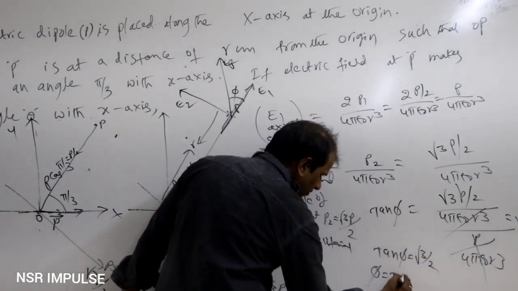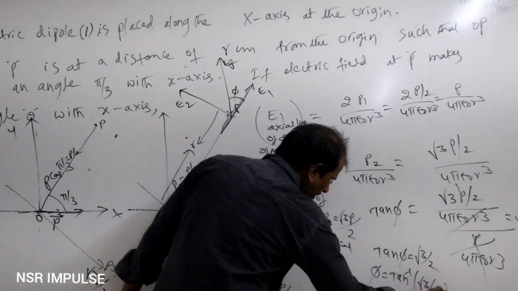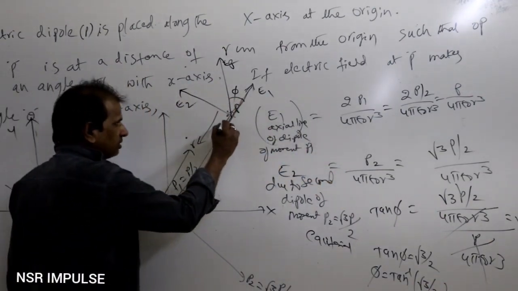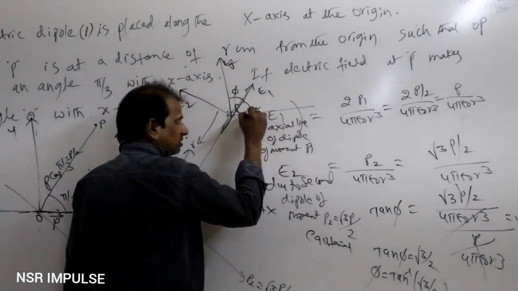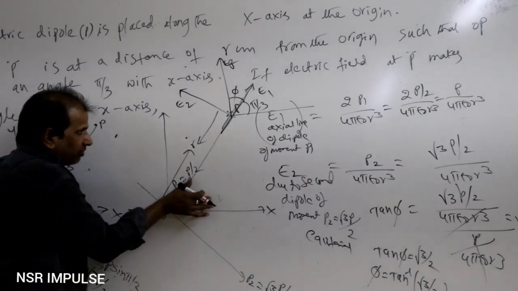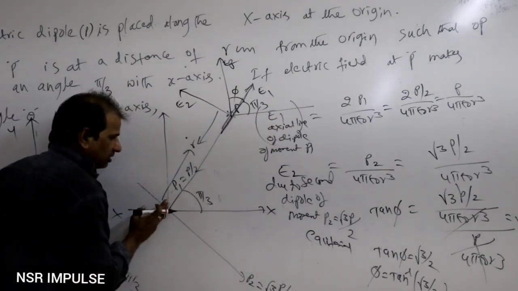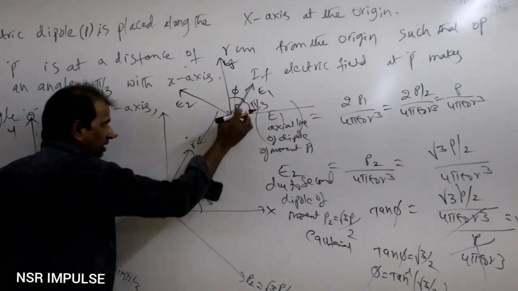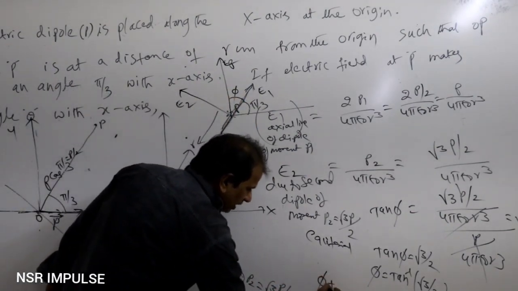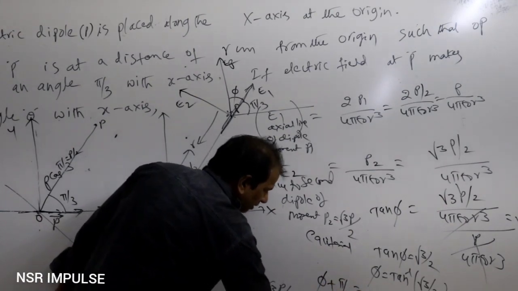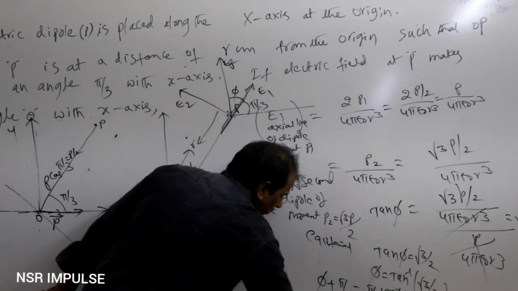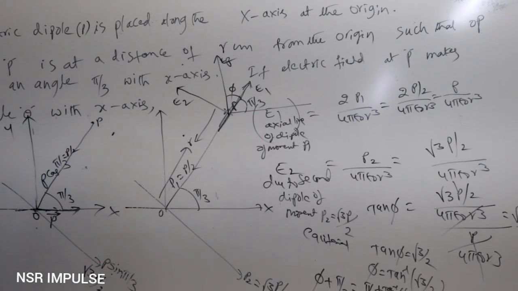Phi is equal to tan inverse of root 3 by 2. This is the angle made with E1. But the question asked is what is the angle made with x-axis? This angle remains as it is from here. These two lines, if you take x-axis, this line makes pi by 3, corresponding angle, that's why pi by 3. Total angle will be phi plus pi by 3. So pi by 3 plus tan inverse of root 3 by 2. This is the answer. Right.